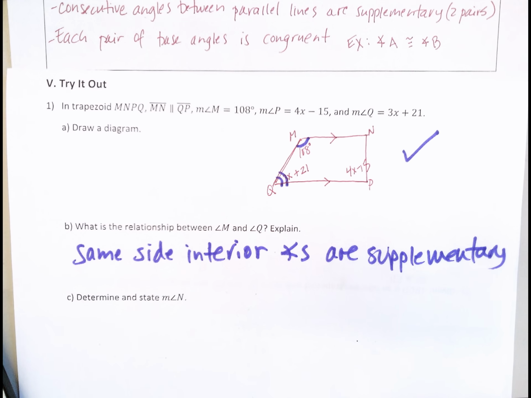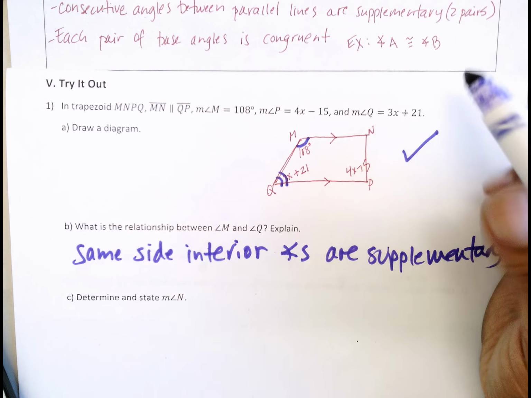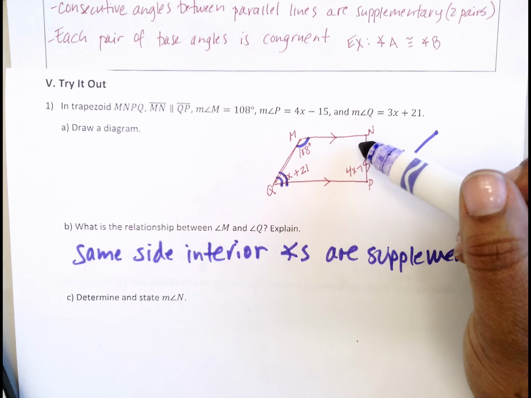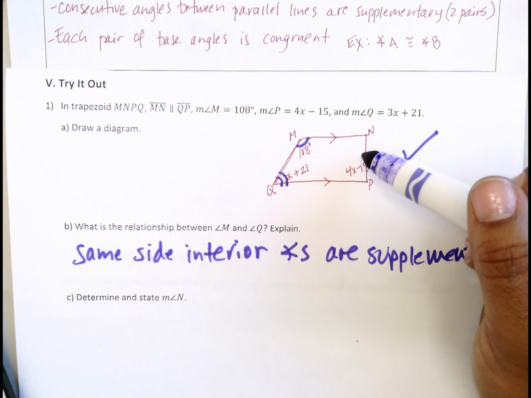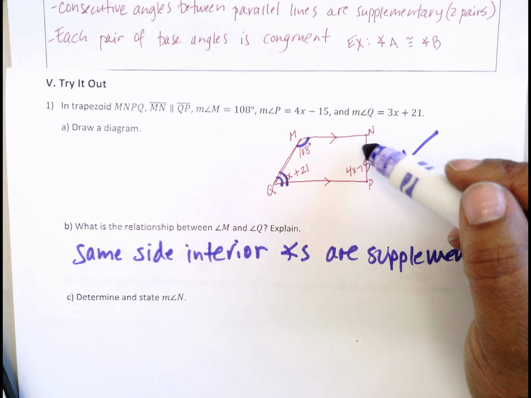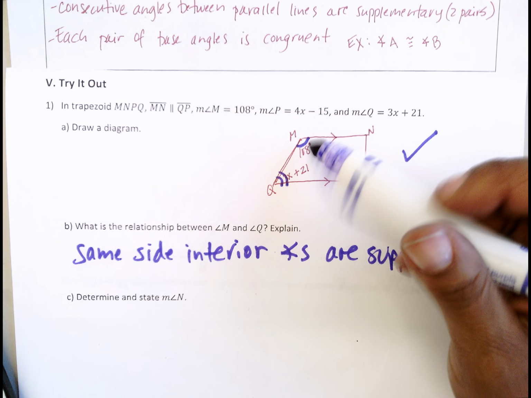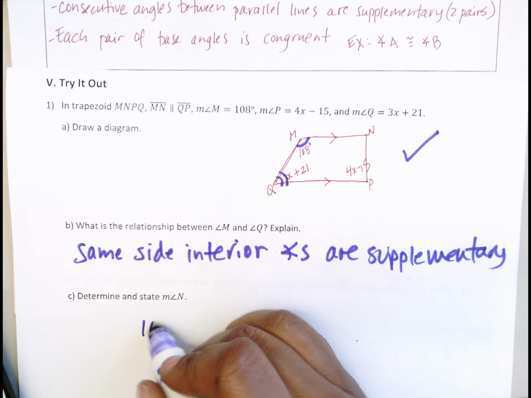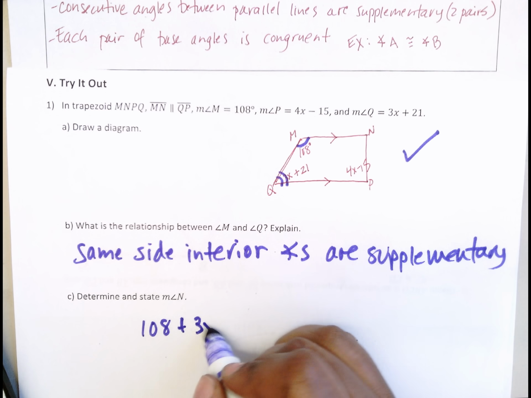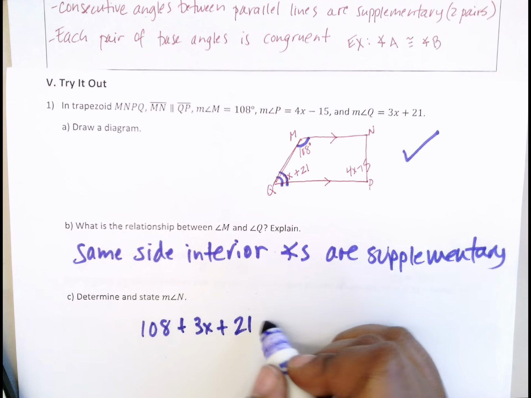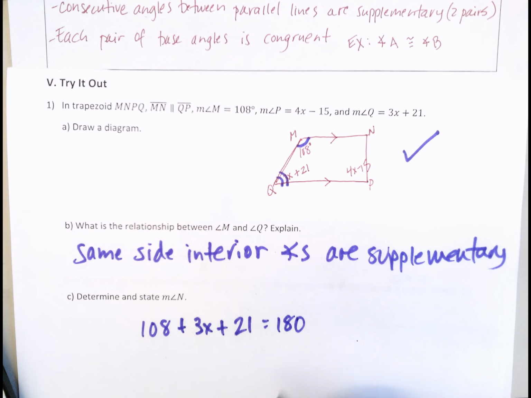Determine and state the measure of angle N. So in order for me to figure that out, I would need to take this and get 180, but I don't have any information here. So I'm going to use this set of angles, 108 plus 3x plus 21 is equal to 180.